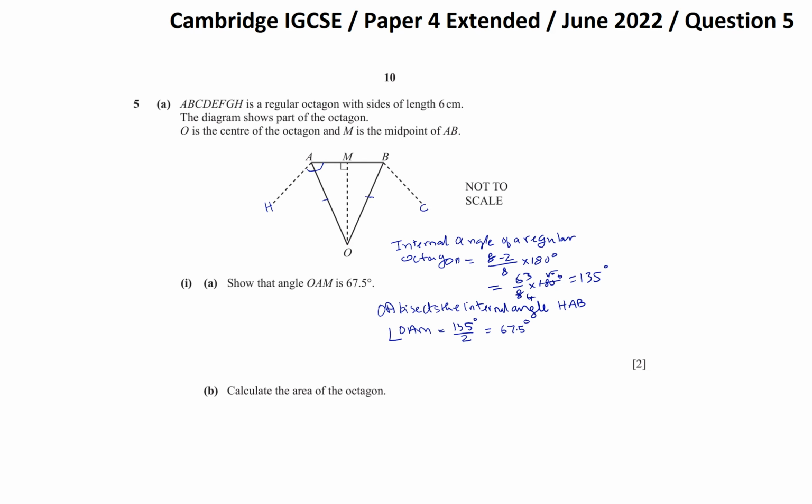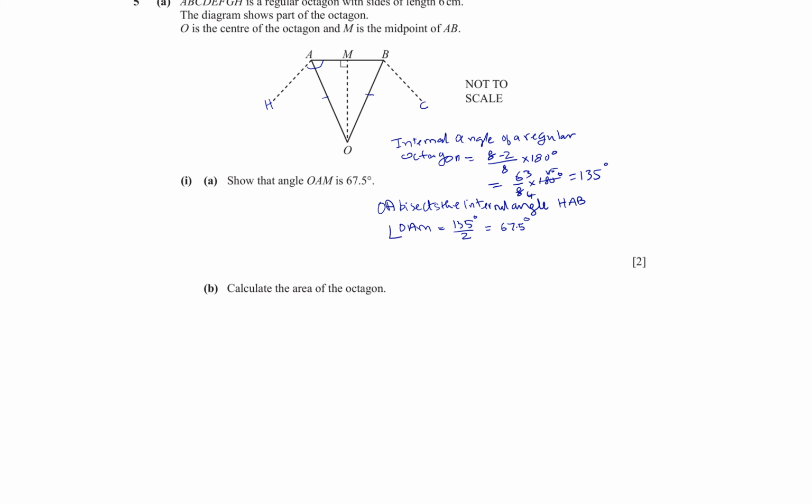The next bit is we need to calculate the area of the octagon. If you were to draw an octagon again, and there's a center, there would be 8 of these congruent isosceles triangles.